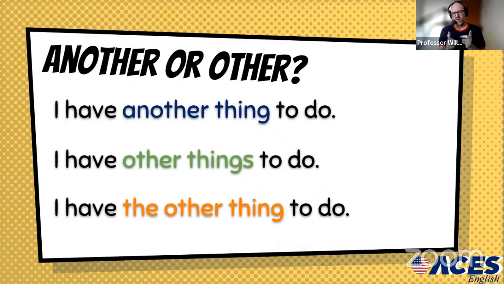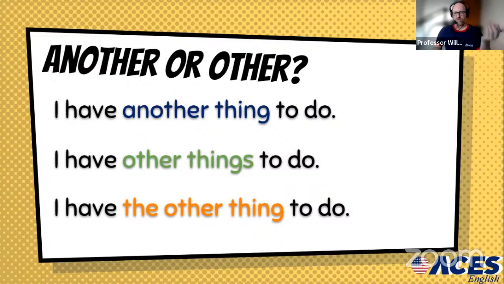But we have to remember that another is outro ou uma outra. So I have another thing to do. Não significa que eu tenho outra coisa, mas eu tenho uma outra, especificamente uma outra coisa para fazer. And that changes everything. I have other things to do, then eu tenho outras coisas para fazer.